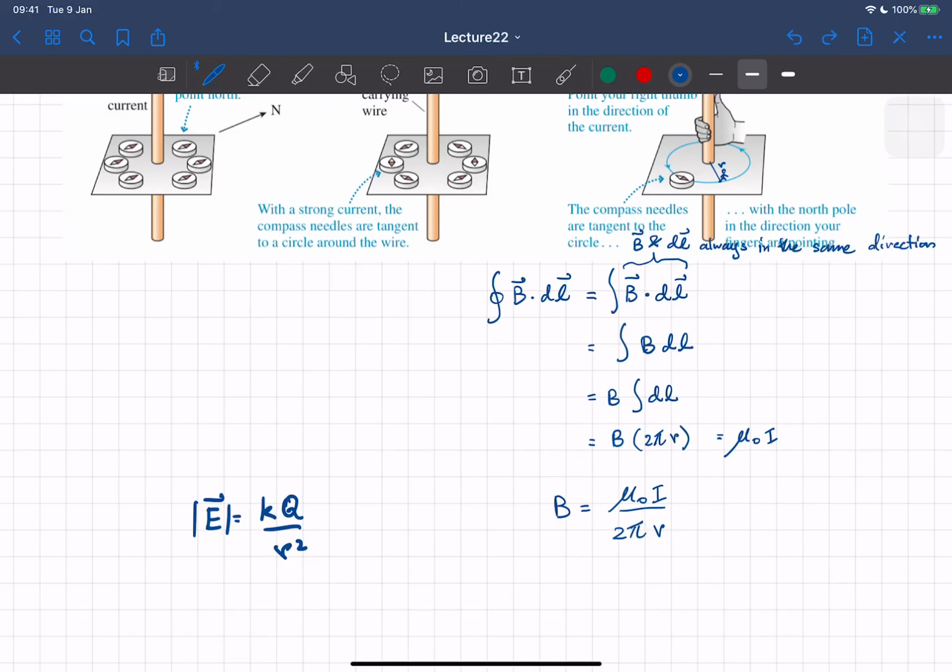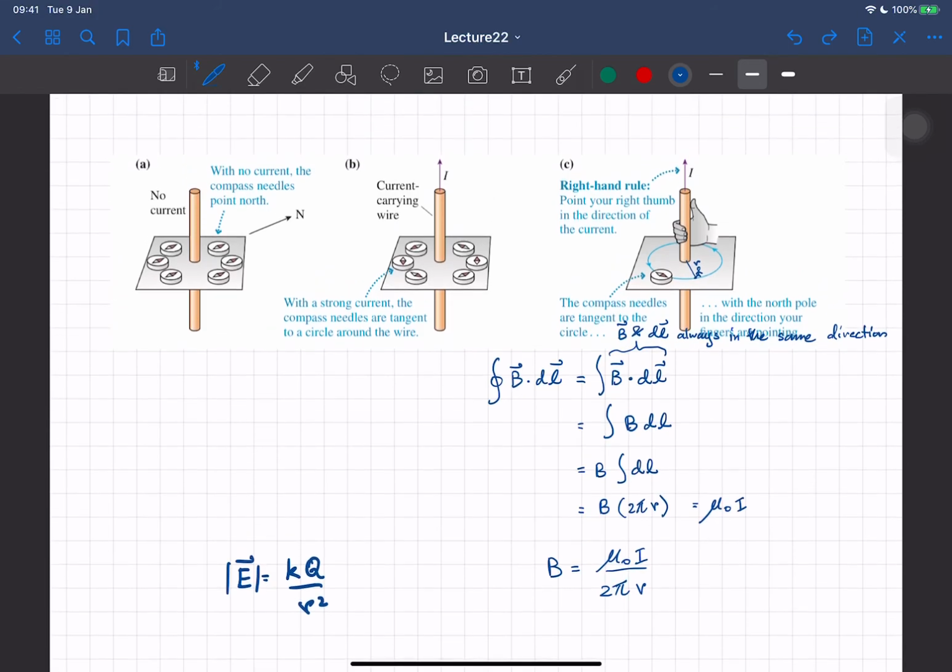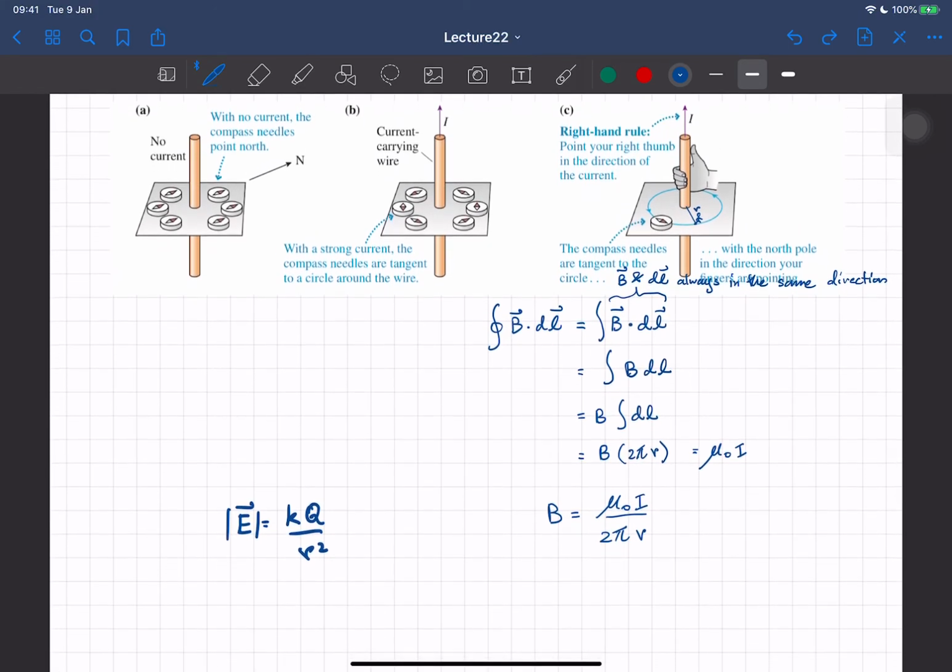Okay, so it's going down a little bit slower compared to the electric field. Okay, so this is how we use Ampere's law. And in the homework, you have 1 or 2 questions that give you an opportunity to practice using this.